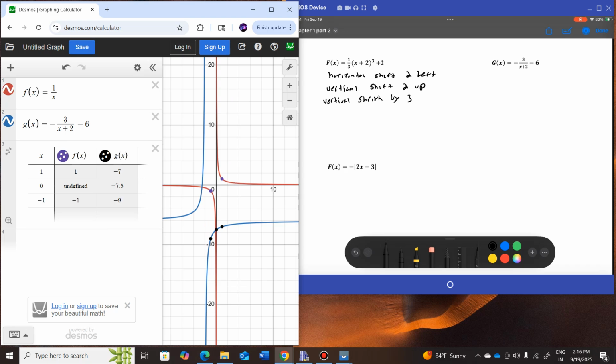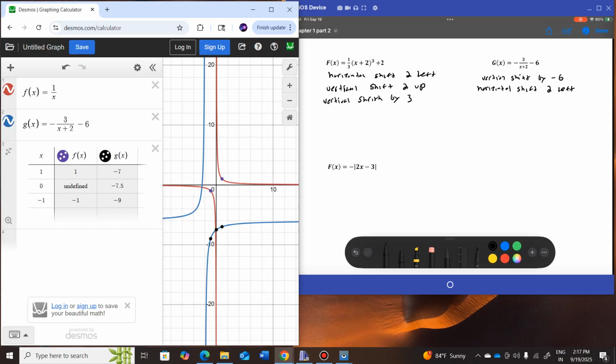Alright, so vertical shift by negative 6, so 6 down. Horizontal shift of 2 to the left. Right.